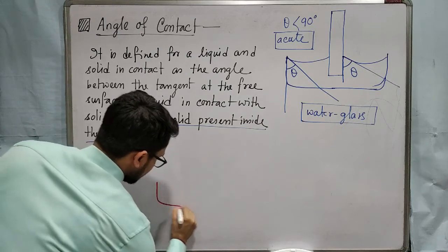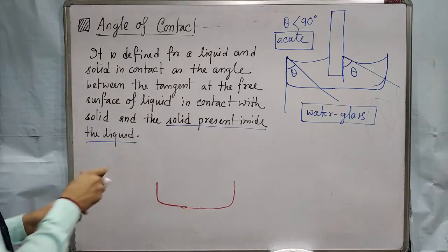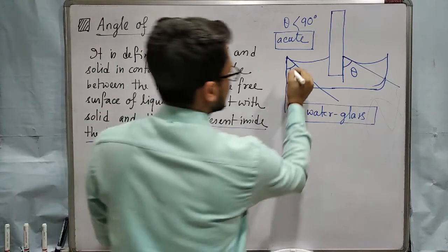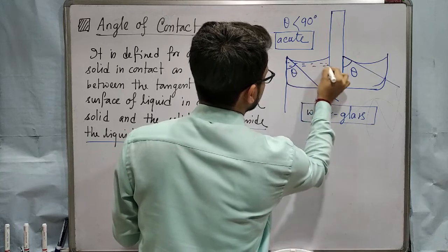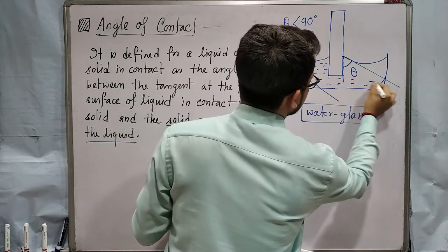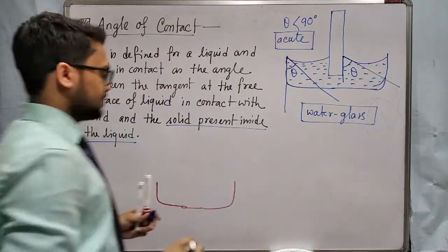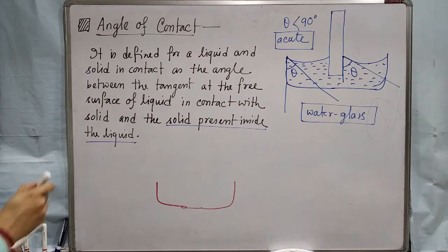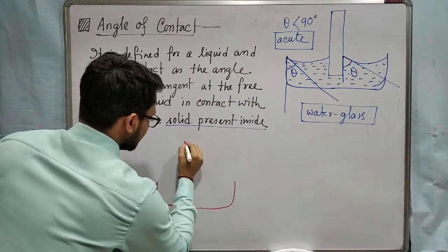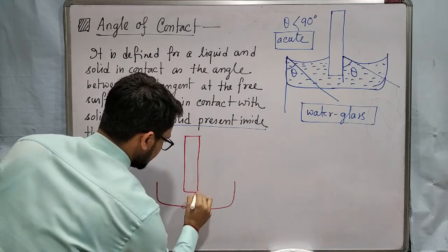So this is a container where mercury is there. Again I am inserting a glass plate or glass tube.